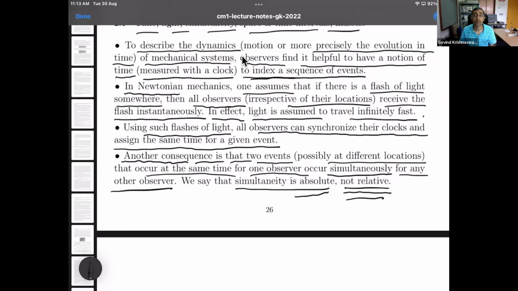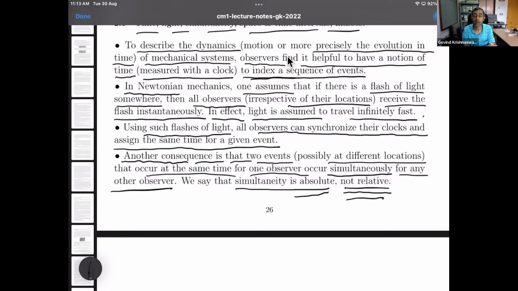Shyam Patankar has asked: the two events will occur simultaneously for both observers. Does that mean that their clocks will show the same time at the occurrence of the events? Doesn't distance matter? Good question. This is re-emphasizing what we have said. Suppose I say that two events occur simultaneously.